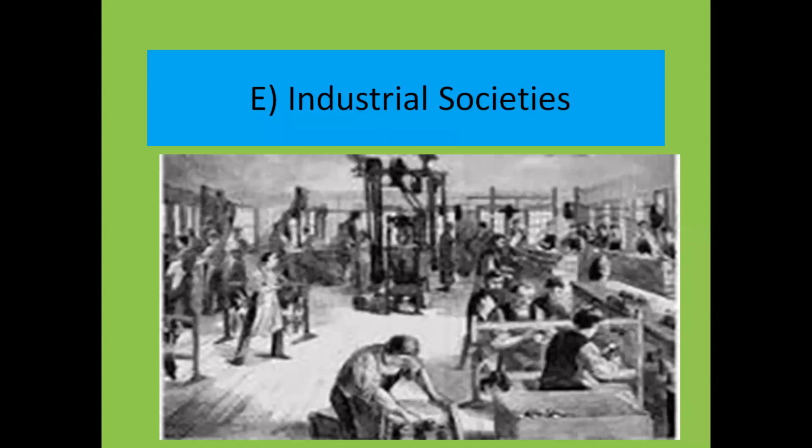Therefore, in our nation, we can say there is a mixed society. There are features of the industrial society too, and at the same time there are features of the agricultural society as well.